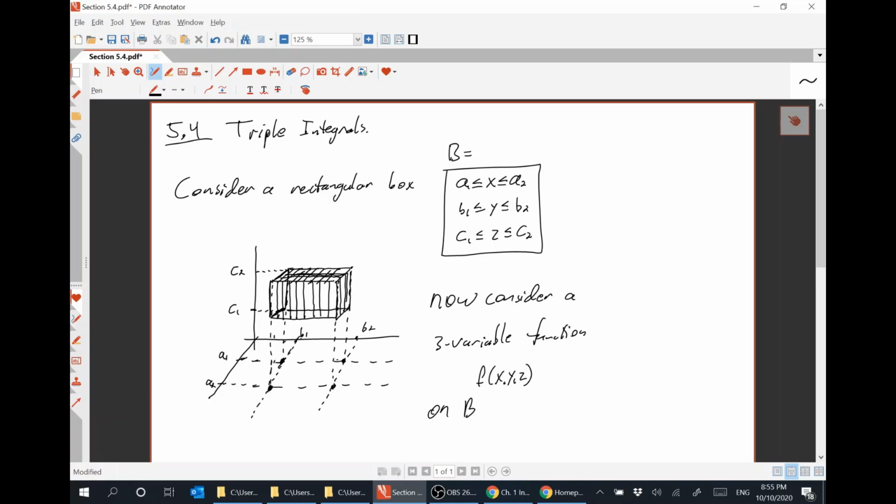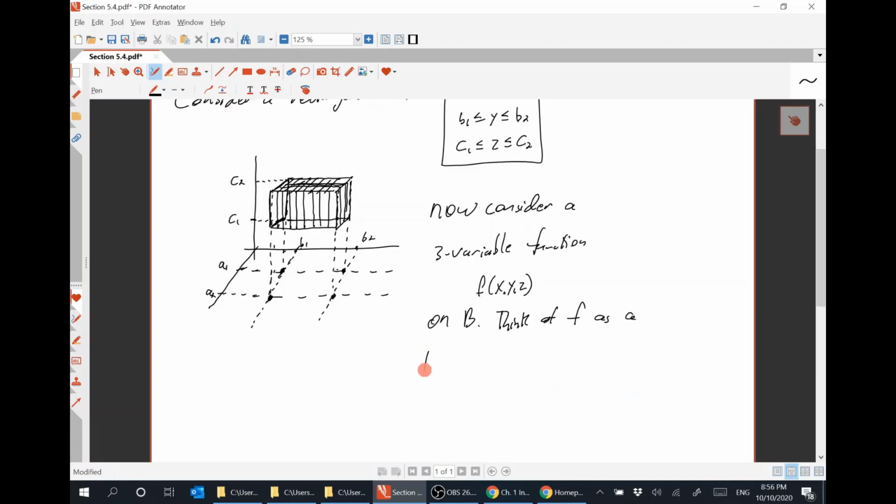Okay, consider a three-variable function on B. Think of f as a point variable density function on B. So B is a solid object, and at every point there's a certain density, and that density varies.